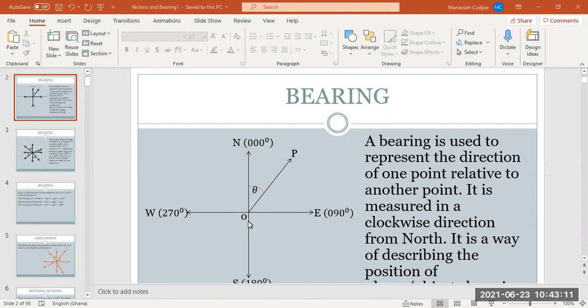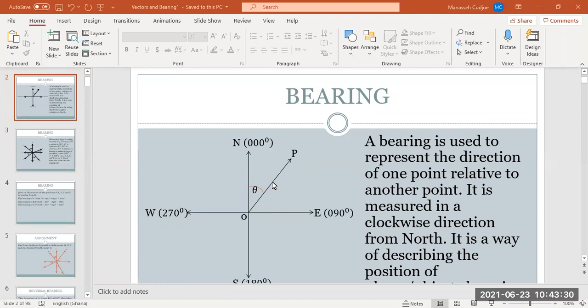Once I indicate my cardinal point, I have to face north and I'll move in the clockwise direction. So this angle over here will give me the bearing of Accra from Kumasi.